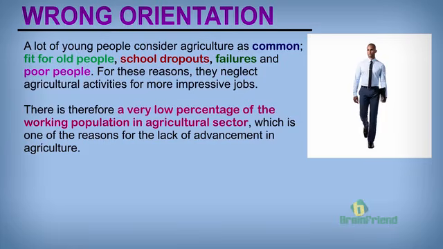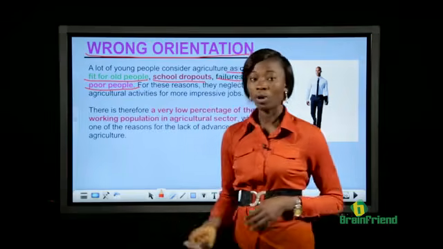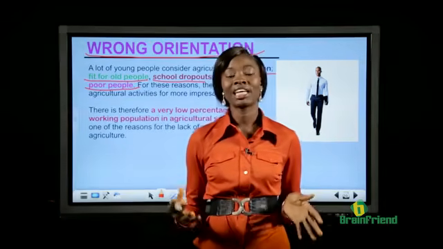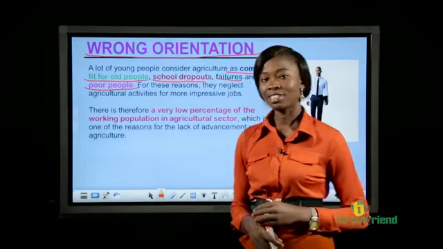The problem of wrong orientation. In Nigeria today, most young people consider farming as common and fit for the old. They consider it as a job that is fit for school dropouts, failures, and poor people. Therefore, they do not take interest in agricultural activities.